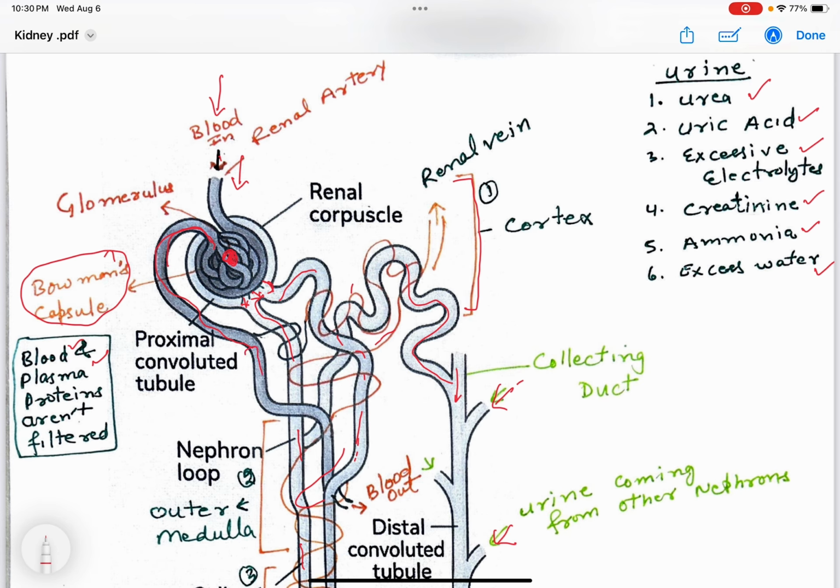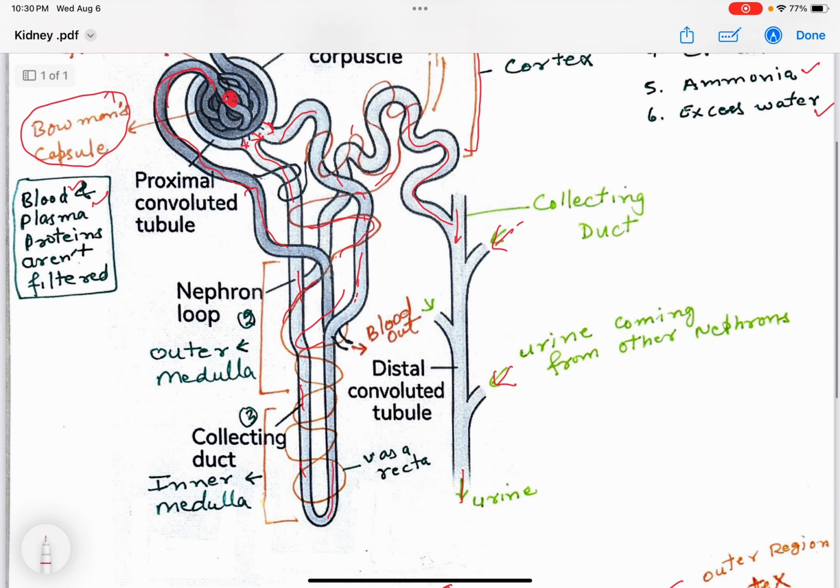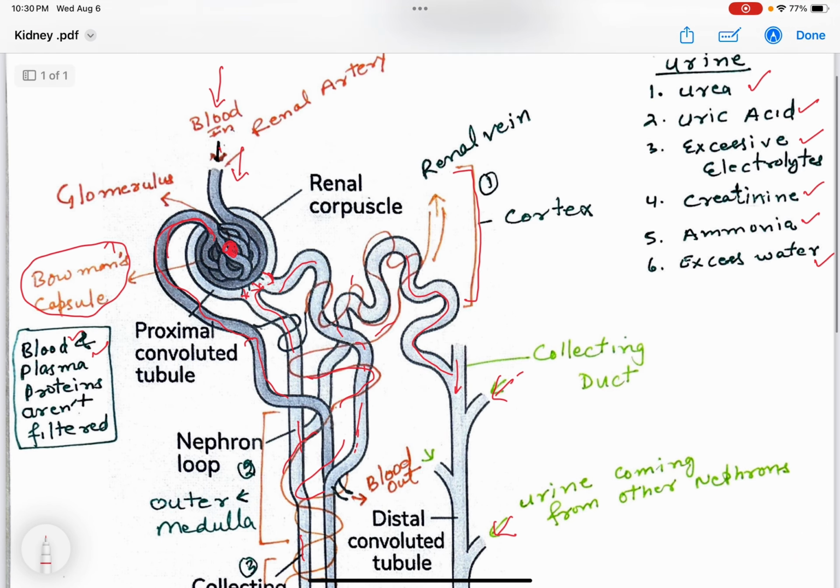So this renal vein kind of goes around here, goes around all over the place, right? And it reabsorbs some of the contents that we require. We'll talk in a separate video about what we reabsorb. But let's talk about what part of the nephron is where.